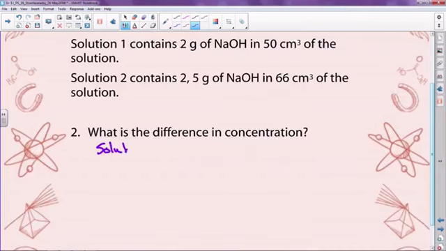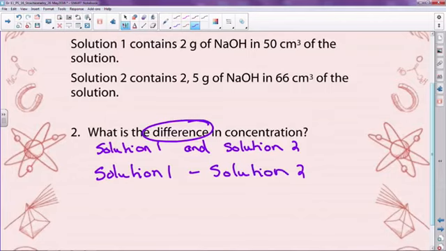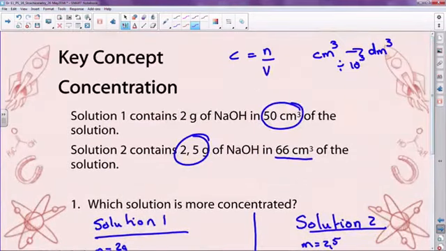So what do we have? We've got solution 1 and we've got solution 2. And what we want to know is the difference in solution. So in maths, what is difference? Difference means subtract. So what I'm going to do is I'm going to go solution 1, which is the bigger one, minus solution 2. But what of those solutions? The concentration. So this was 1 mole, and this one was 0.946.